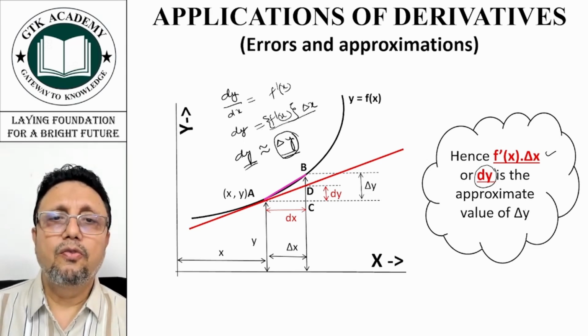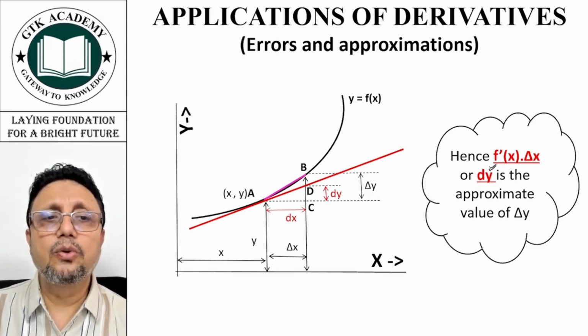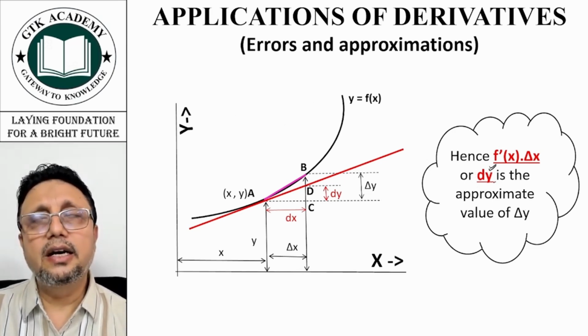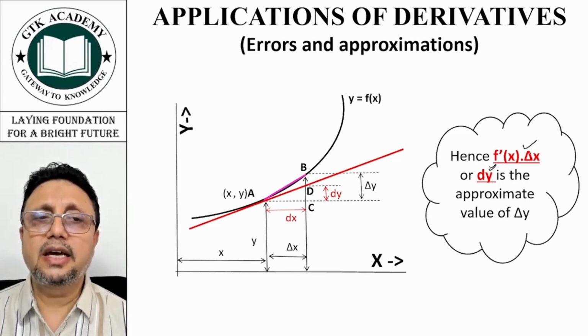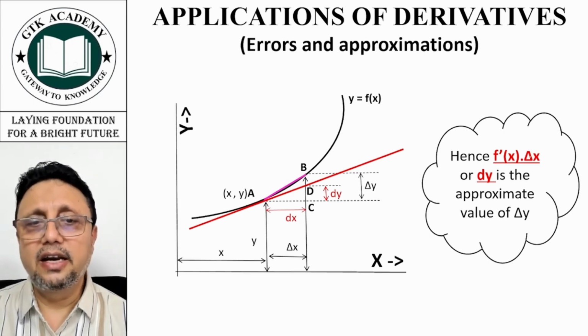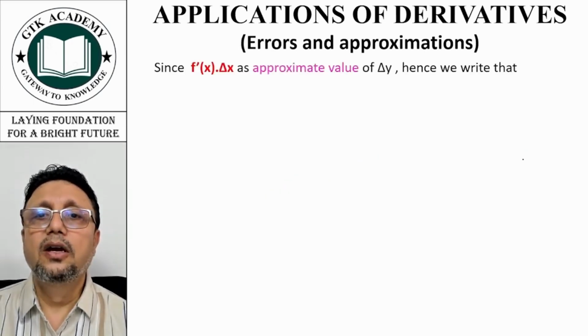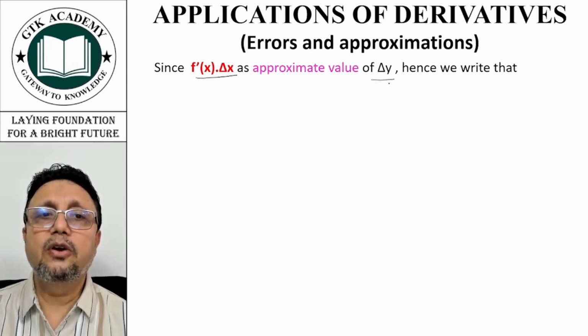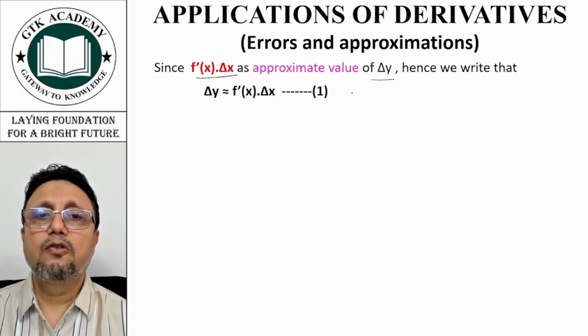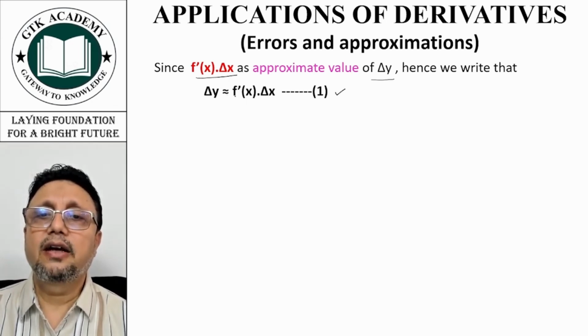So whenever they write dy, you can make out that it is the approximate value of delta y, or it is expressed as f dash x delta x. So how do we write that? This is our first expression. Delta y is approximately f dash x delta x.